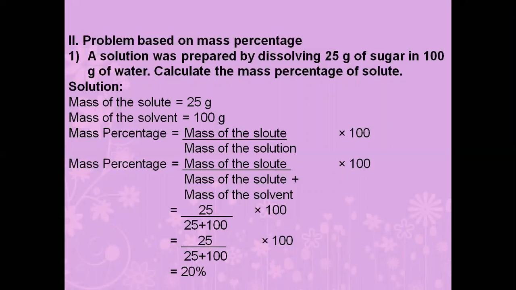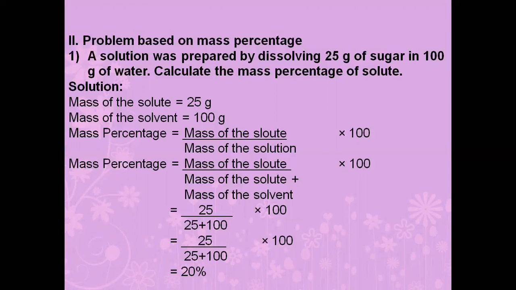So what is the formula for the mass percentage? Mass of the solute divided by mass of the solution. The solution formula is solute plus solvent gives solution. So the solution is mass of the solute 25 plus mass of the solvent 100, into 100.